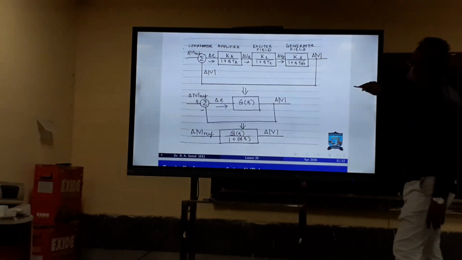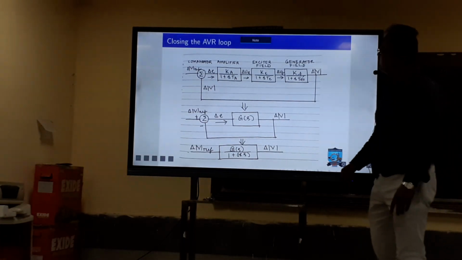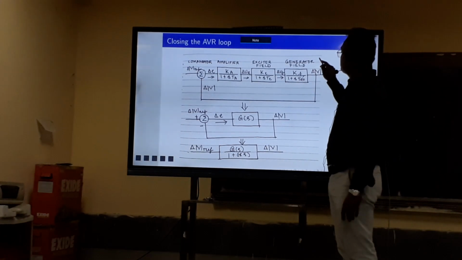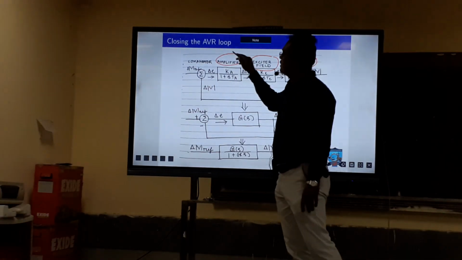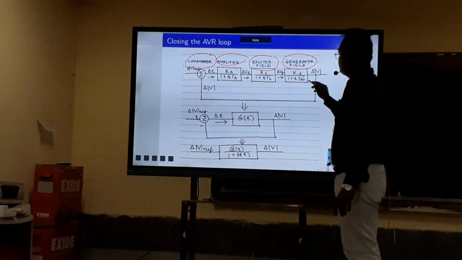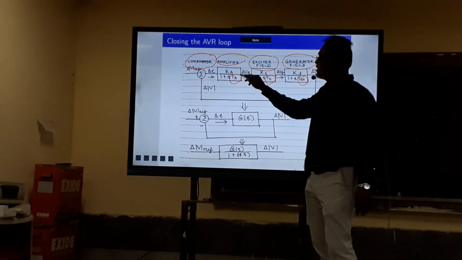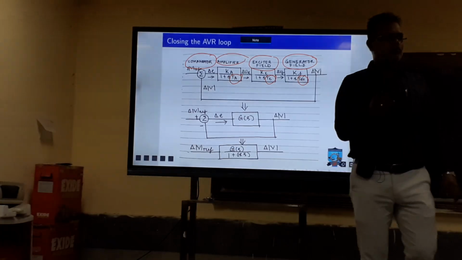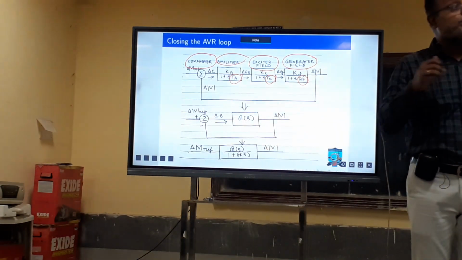Okay. So this is the typical block diagram. Okay. So you have got this generator field, exciter field, amplifier, and comparator, and each has different time constants. Exciter time constant, amplifier time constant. As I have told you, these are all very fast, in terms of milliseconds, because this is a completely electrical system.